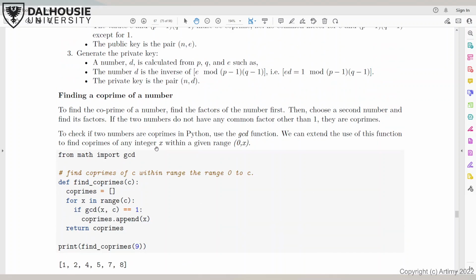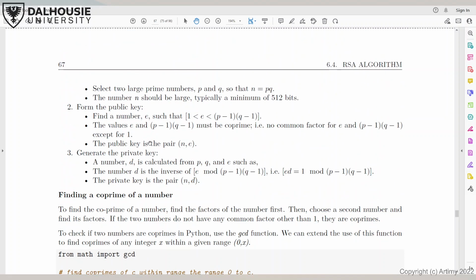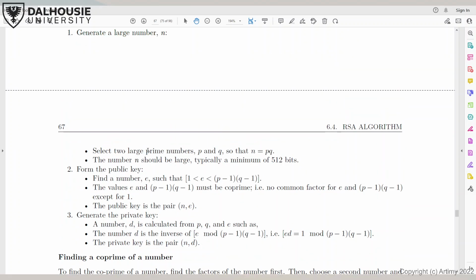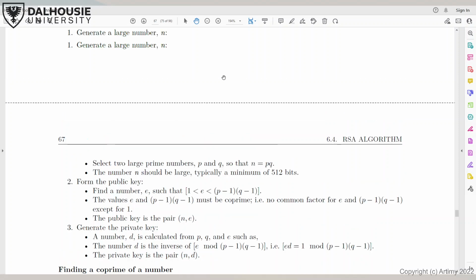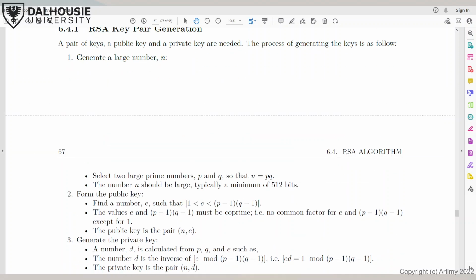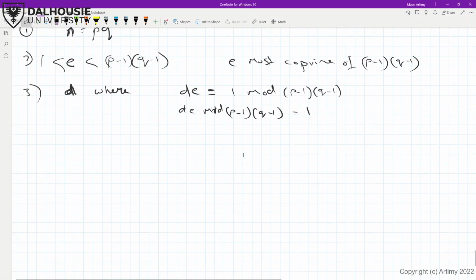All right. So before I continue, let's use some simple numbers to illustrate this procedure, because now we need to put this into something that we can understand. So let's come up with n equals pq. Now the actual RSA algorithm requires two large numbers.